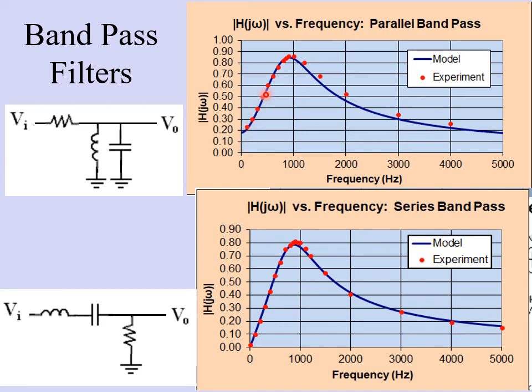Once again, you can see excellent agreement between the model and my actual data. So this is all good news. It says that these filters are simple to build, but they perform as expected, and they can be modeled very accurately using the Excel model.